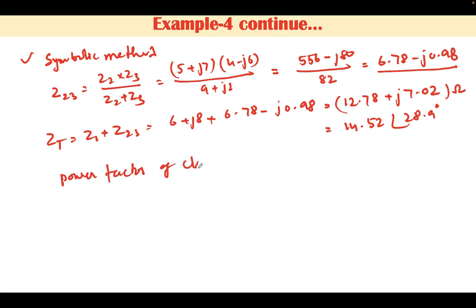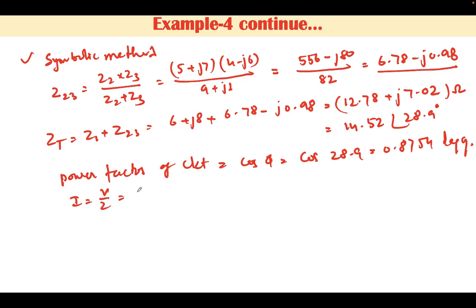Hence the overall power factor of the circuit is equal to cos phi, which is equal to cos of 28.9, and that is equal to 0.8754. Since it is plus, it will be lagging. Now finding out the current of the circuit, I is equal to V by Z. V, the applied voltage, is known to us, that is 100.